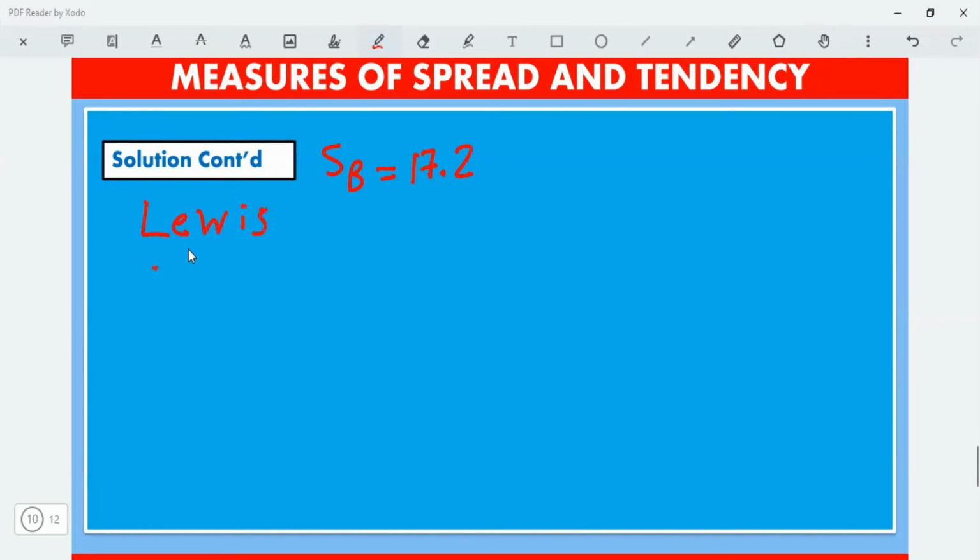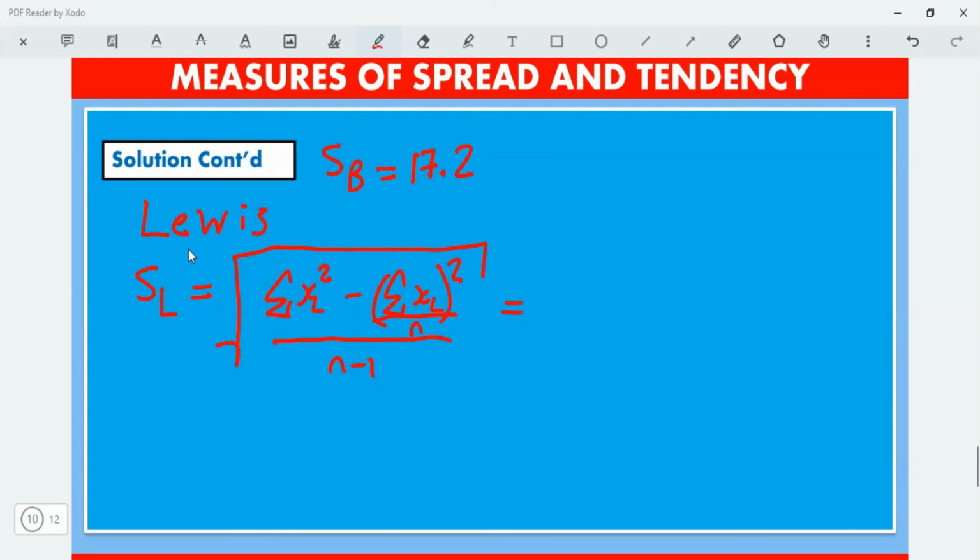So for Lewis, the standard deviation is going to be the square root of, remember, the sum of all of Lewis's scores squared minus the sum of XL all squared over n, all divided by n minus 1.